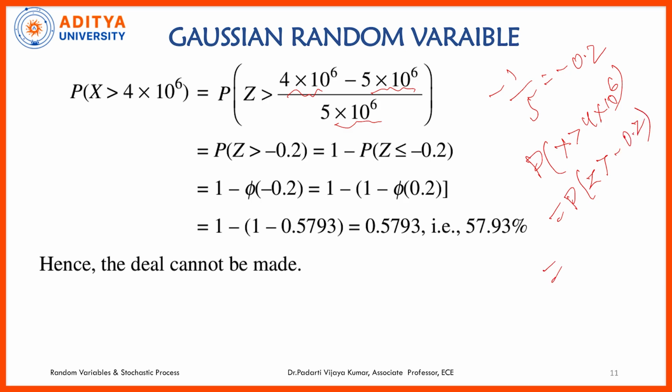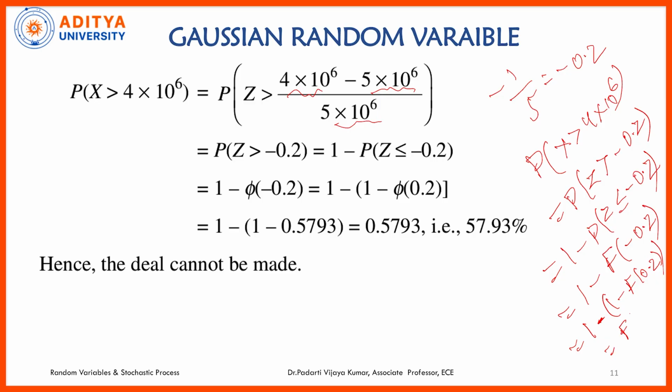This can be written as 1 minus the probability of z less than or equal to minus 0.2, that is 1 minus F of minus 0.2. F of minus 0.2 is equal to 1 minus F of 0.2. So that is F of 0.2.